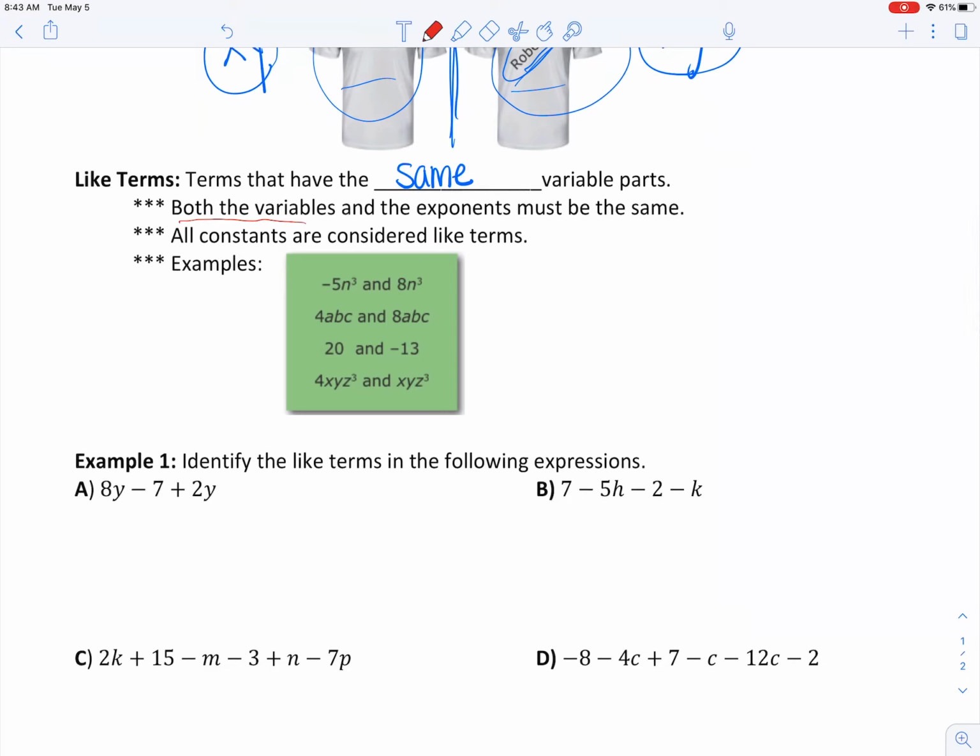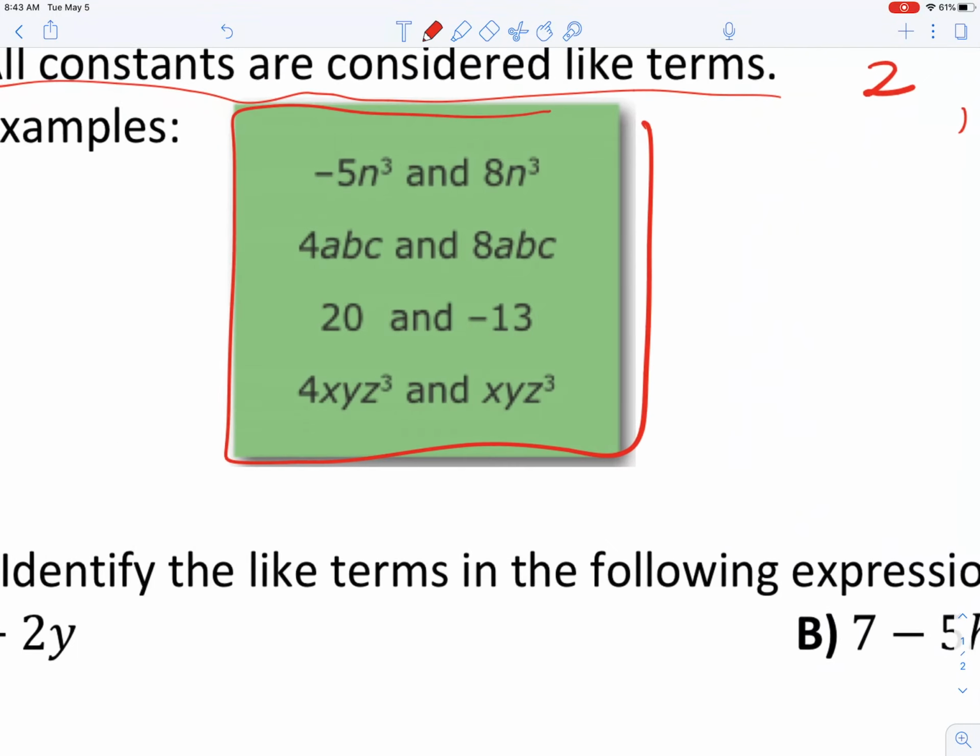That makes them different. Okay, so like terms have to have both the variables and the exponents be the same. All constants are considered like terms. So what that means is like 2 and 7, right? Those two would be like terms, because they're just a constant, just a plain number.